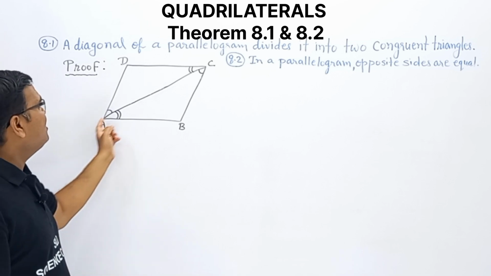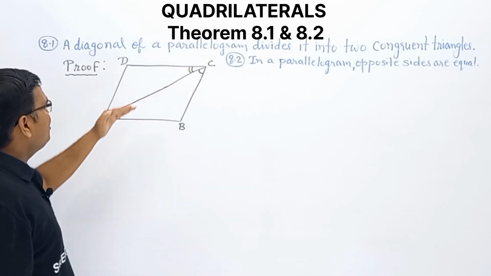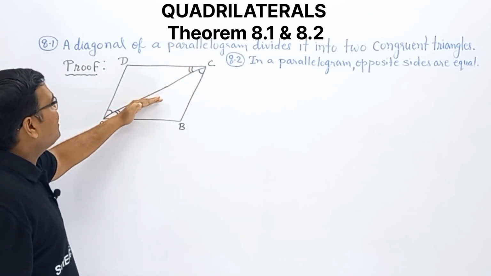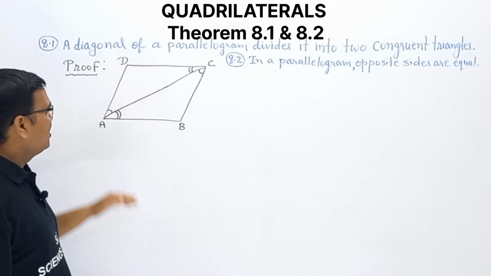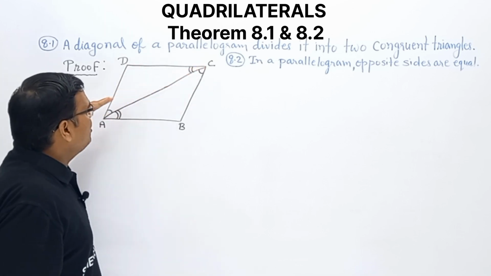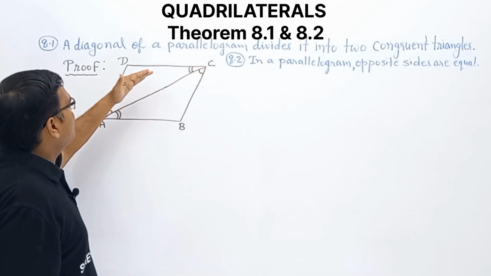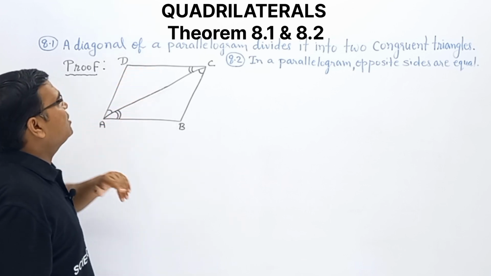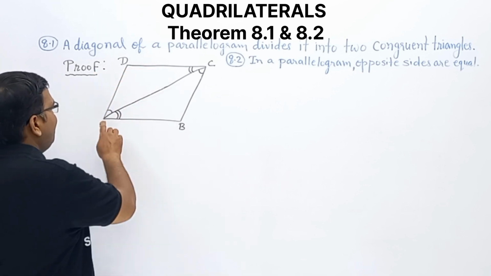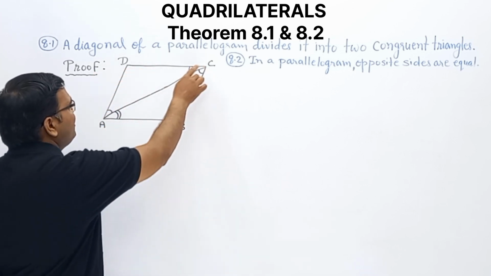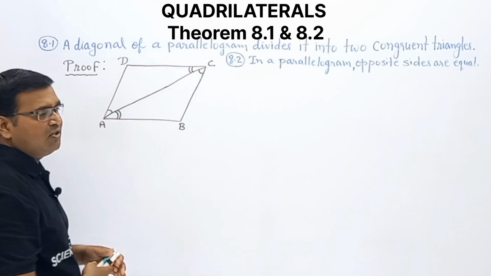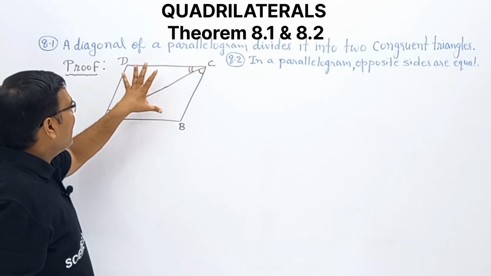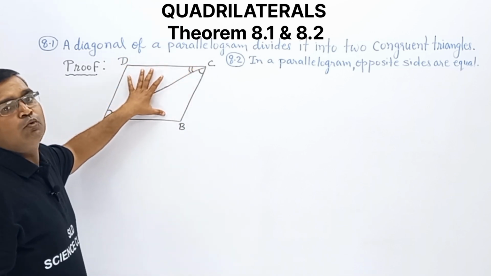AC is a diagonal, and this diagonal is dividing this parallelogram into two triangles. One is ABC, another one is CDA. This diagonal is dividing this parallelogram into two parts.